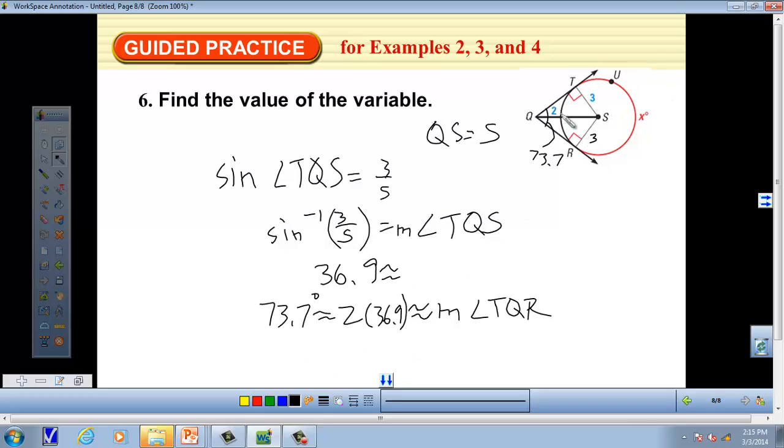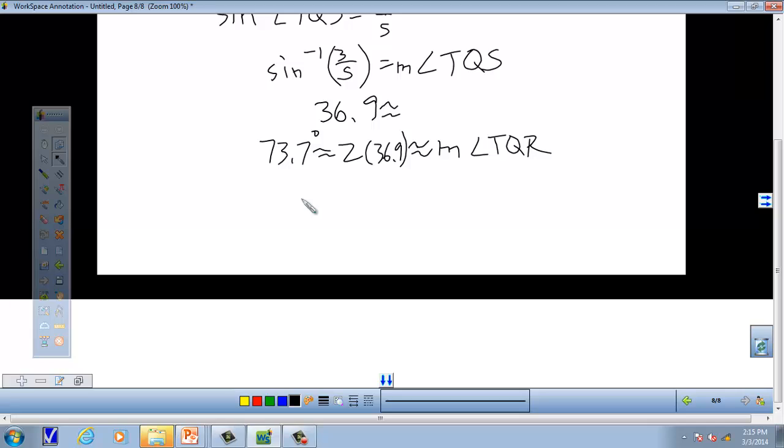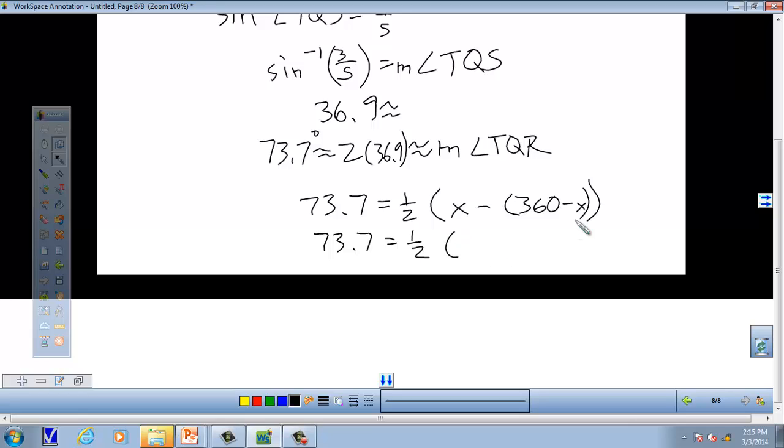We'll call that X, and then this is 360 minus X. So we know that 73.7 is equal to 1/2 X minus 360 minus X. So that gives us 73.7 equals 1/2, and because that's minus a negative, that becomes positive, this ends up becoming 2x minus 360.